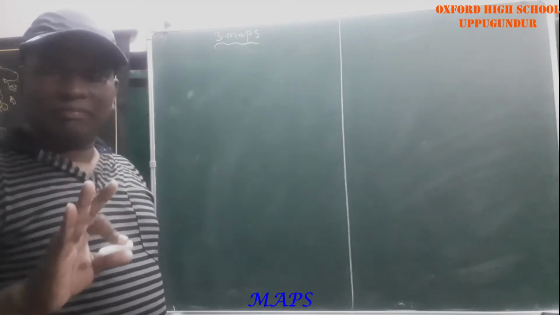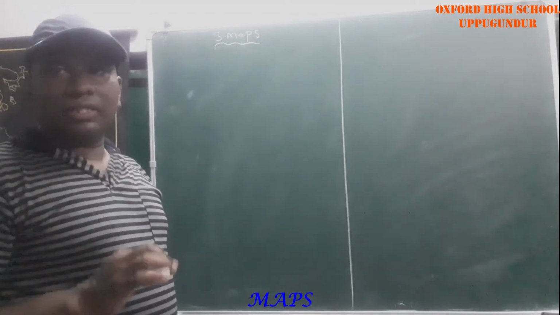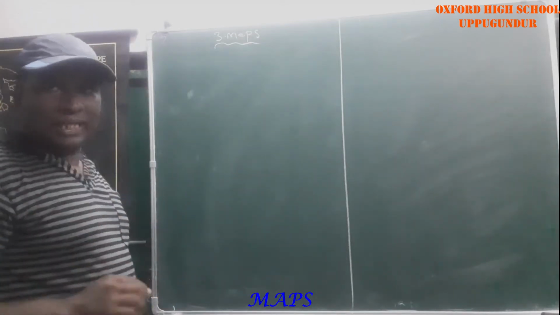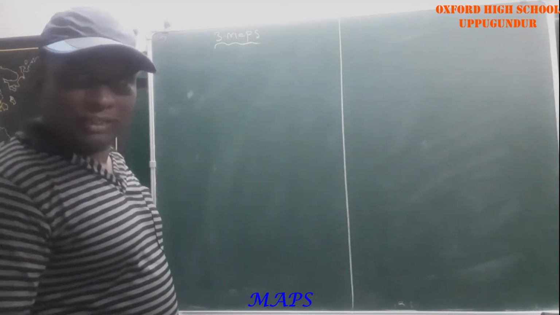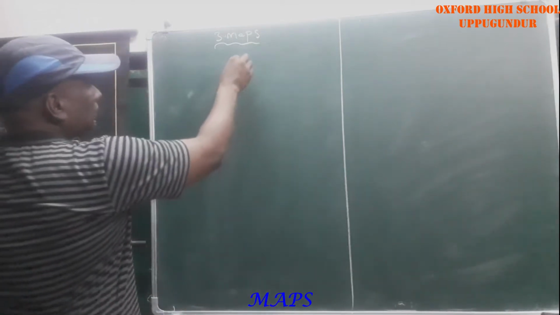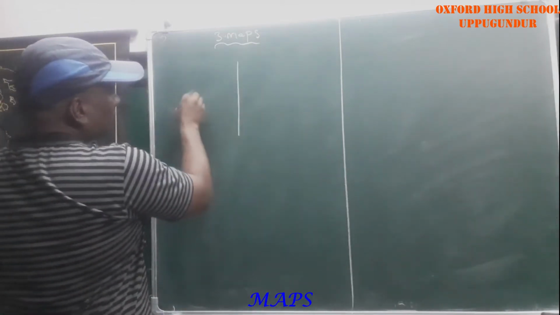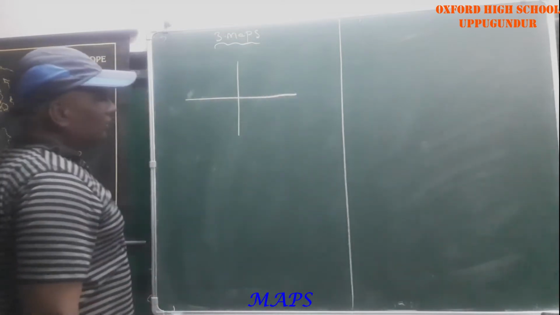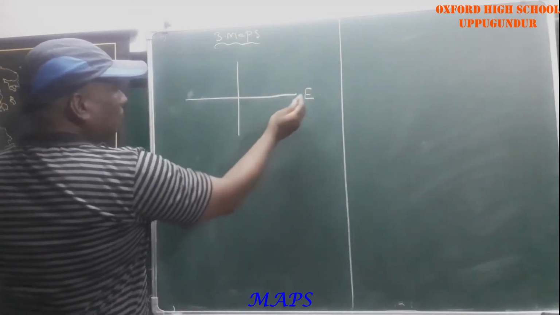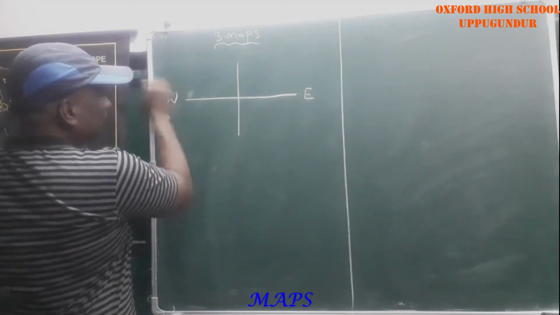You know very well that the globe is the model of the earth. Then you know the directions. First I will explain the directions before reading out the lesson. Suppose I draw this: this is the east side, so opposite to east is west.